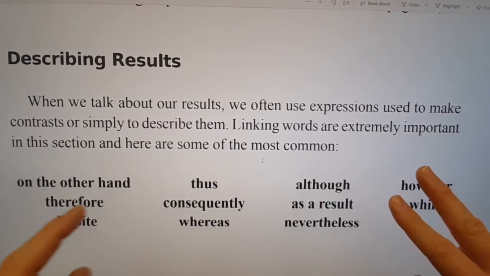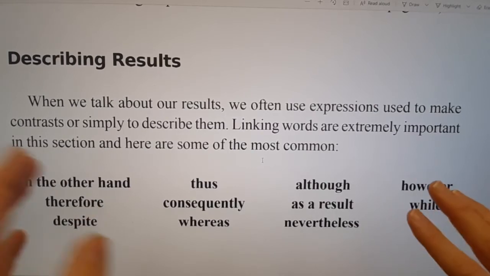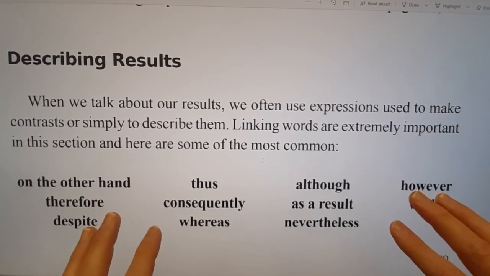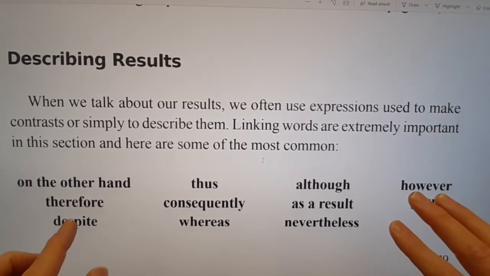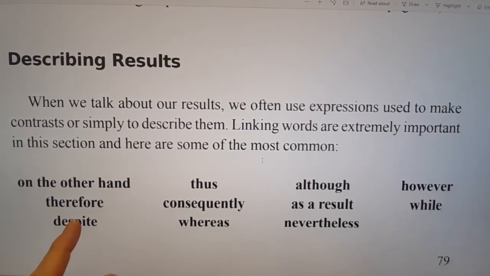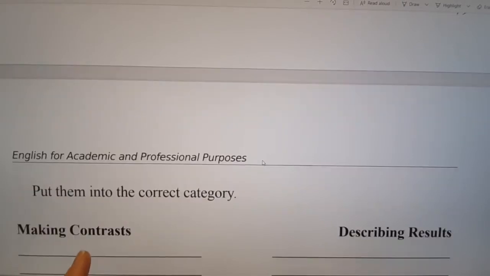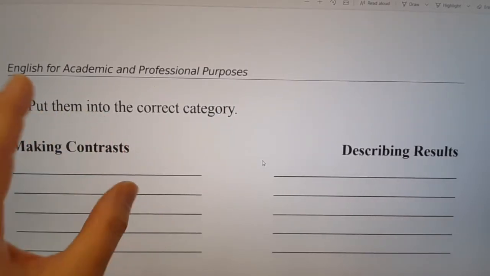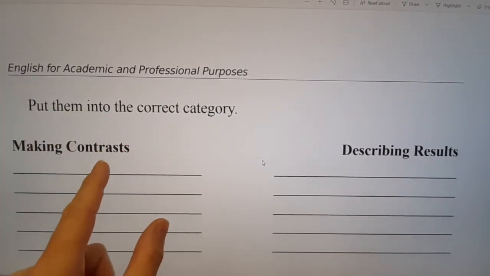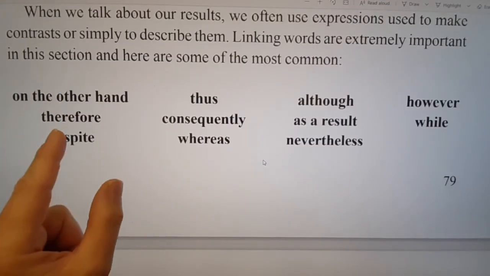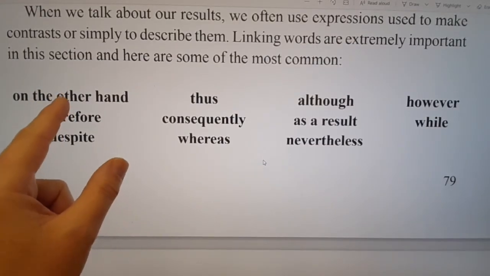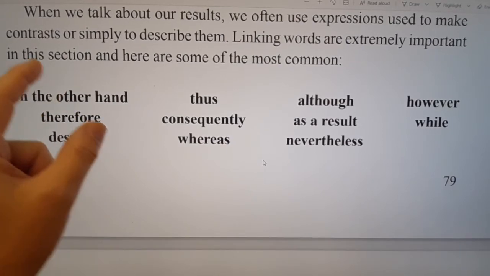You have all kinds of words here. For example, despite is another word for contrast. There is a small exercise where you can put them as making contrasts and describing results. So we know that on the other hand is talking about a contrast.